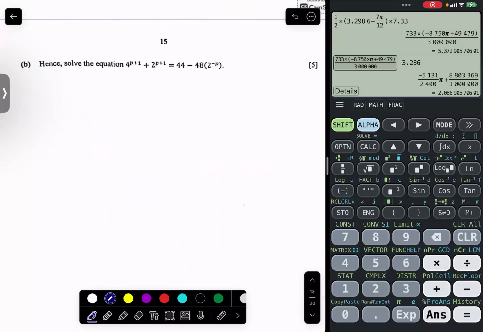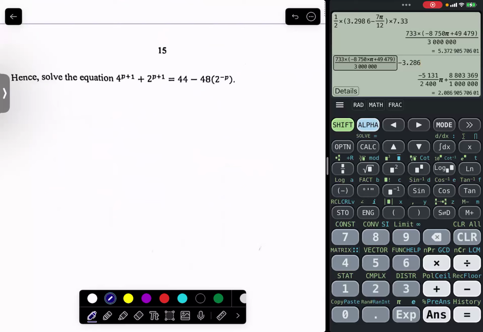Hence, solve the equation 4 to the power of p plus 1 plus 2 to the power of p plus 1 equals 44 minus 48 times 2 to the power of negative p.